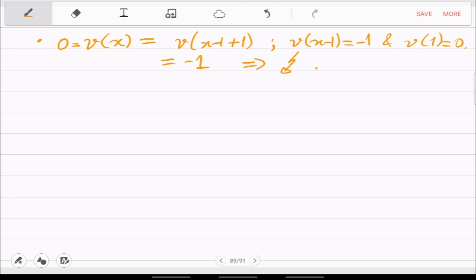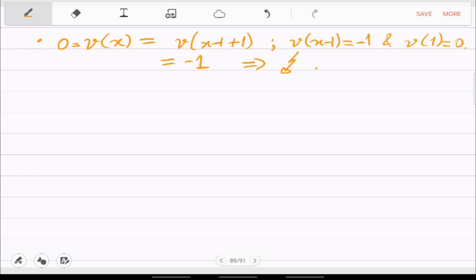How did we pick it? Well, this is because of the way we define valuation, once we have picked a generator of the maximal ideal, we define it by the divisibility, right? Does it give a contradiction in the actual definition? Sorry. It does not give a contradiction in the actual definition.